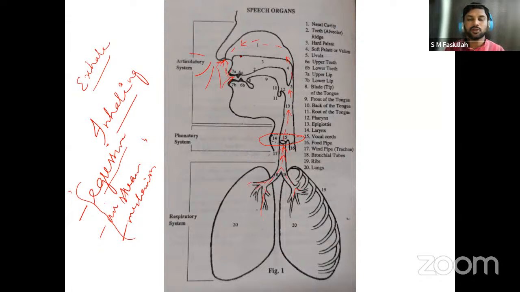Which means, though the mouth is not a primary passage for air to come in or go out, we complementarily use the mouth as well. So the air, when it is coming in or going out, can also be manipulated by the mouth, or it is also manipulated in the nasal cavity.